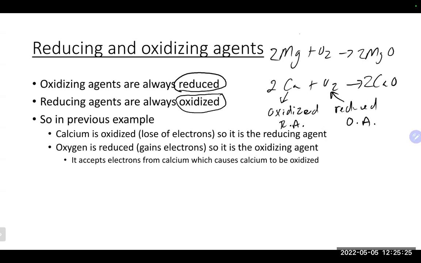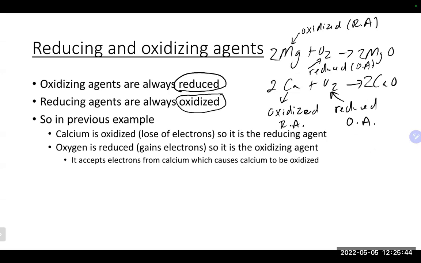Same thing up here: our magnesium would be oxidized and be the reducing agent. And once again in this example, our oxygen would be reduced and be the oxidizing agent.